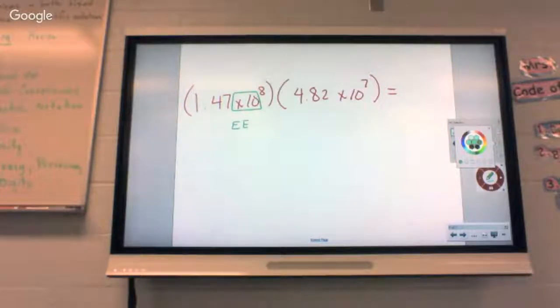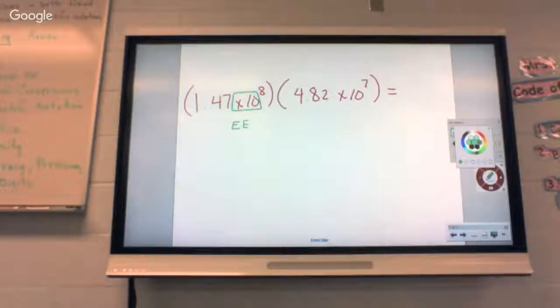So 1.47, and when you hit second and EE, what pops up on your calculator? An E. Why are you supposed to use that? It's saying to you, what is the exponent? That times 10 is programmed in the calculator. It's just saying, hey, what's the exponent?